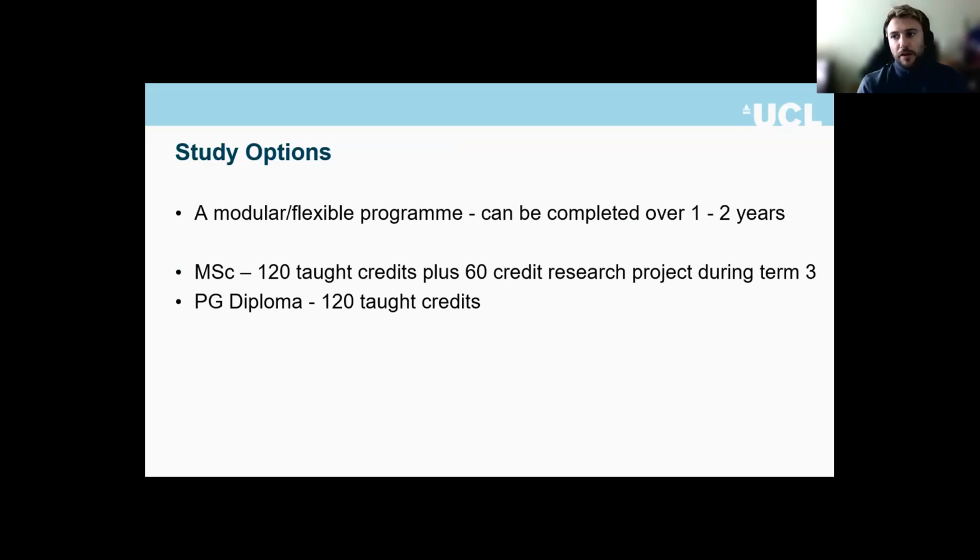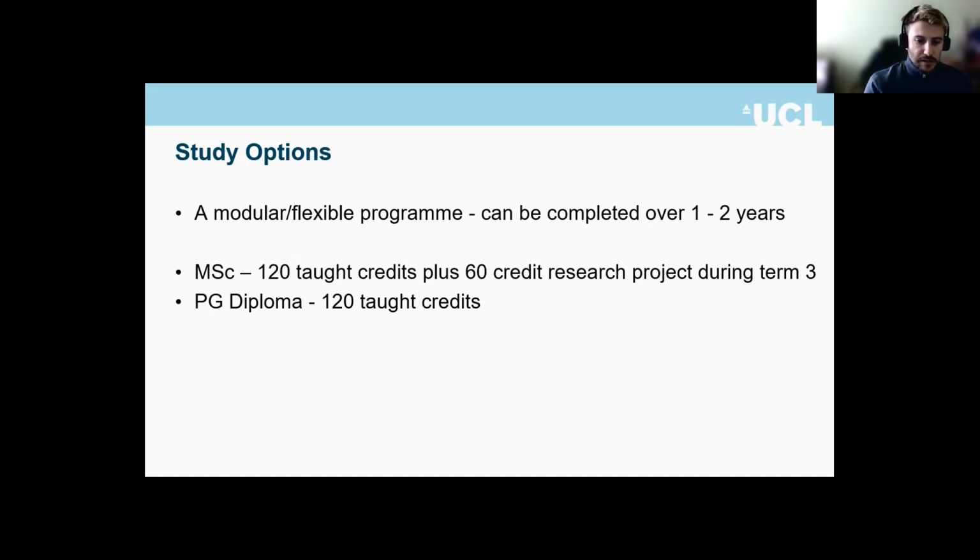So effectively, you may have already read online, but there are a few options available to you as to how you study and what the award is that you get at the end. We've got quite a modular and flexible program, we like to think.